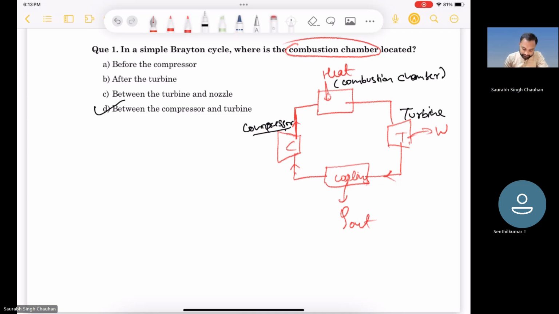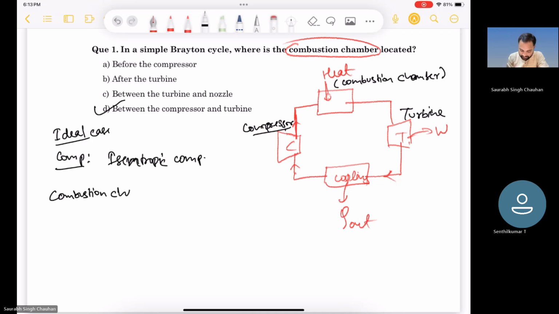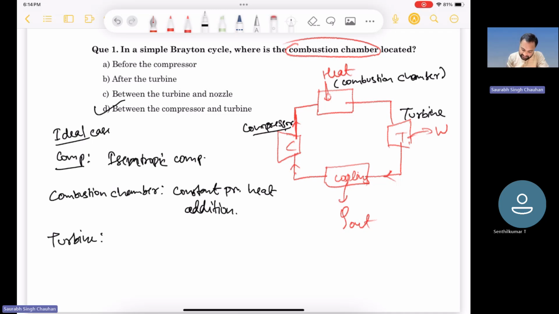So this is the simple Brayton cycle. If I write the processes in the ideal case: in the compressor, the process is isentropic compression. In the combustion chamber, this is constant pressure heat addition. In the turbine, it is again isentropic expansion.